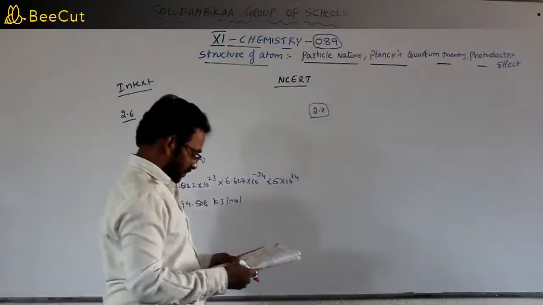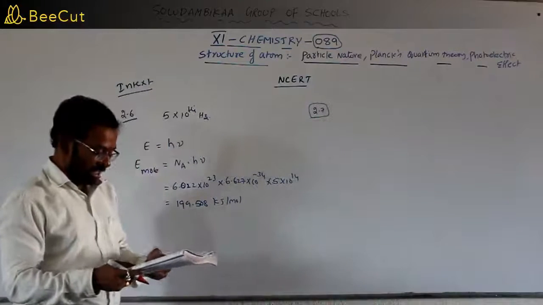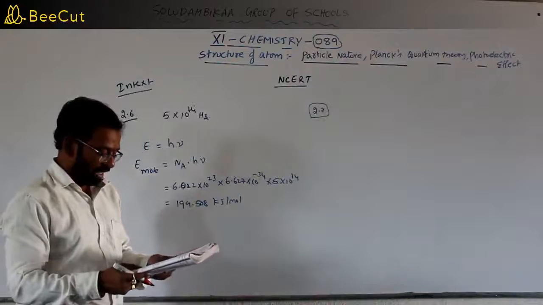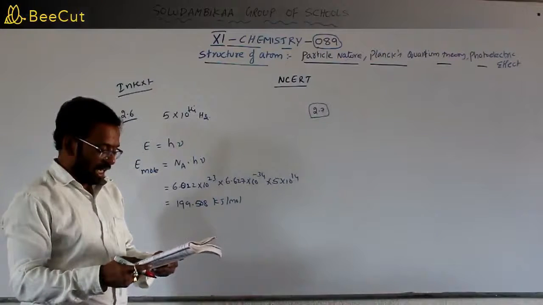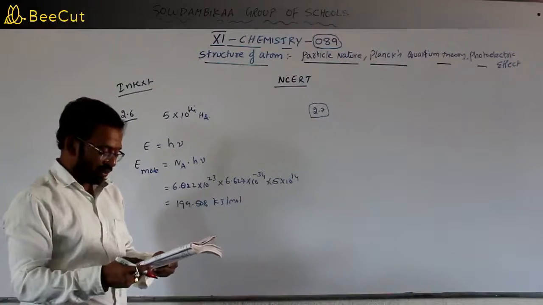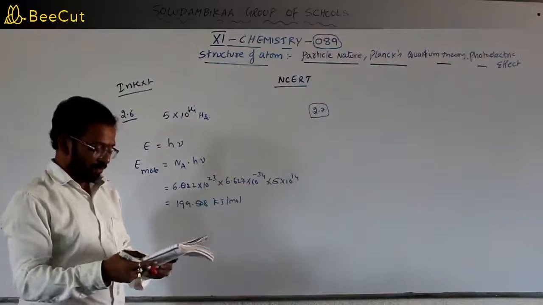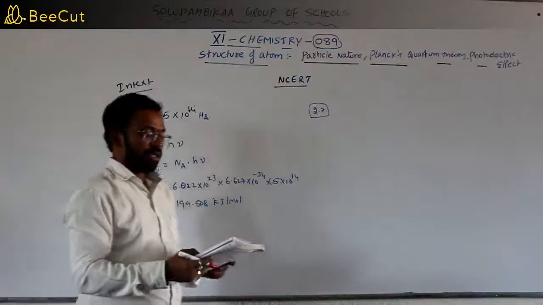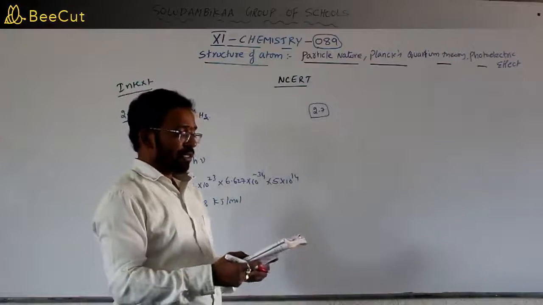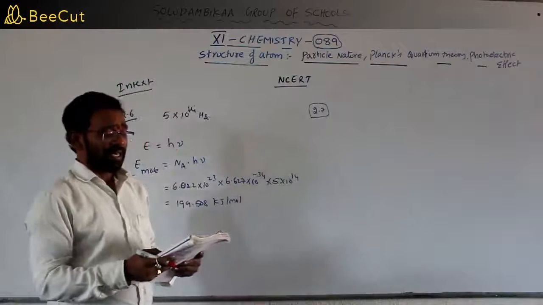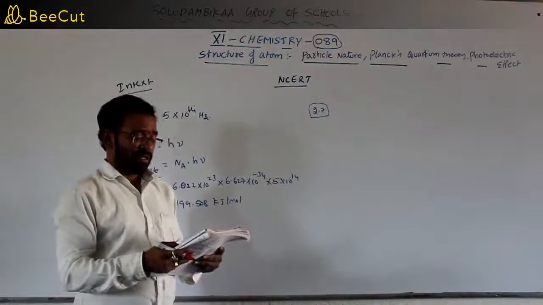Question number 2.7. A 100 watt bulb emits monochromatic light of wavelength 400 nanometers. Calculate the number of photons emitted per second by the bulb. We know that a 100 watt bulb will emit 100 joules of energy.